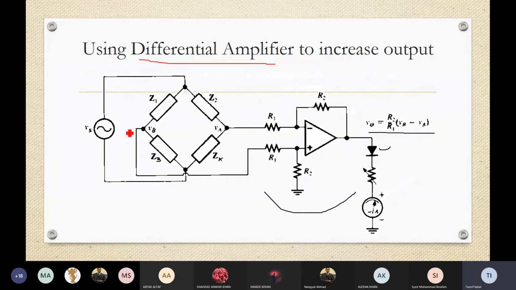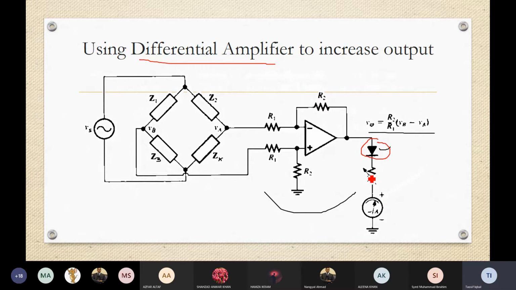Because in this case we have an AC waveform, we can use a half-wave rectifier based differential amplifier, so that we can have the DC value passing through the galvanometer.